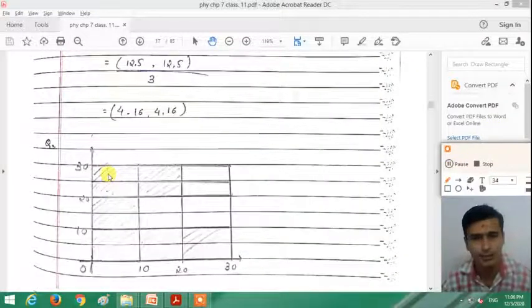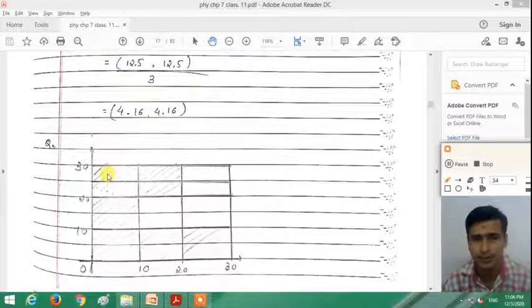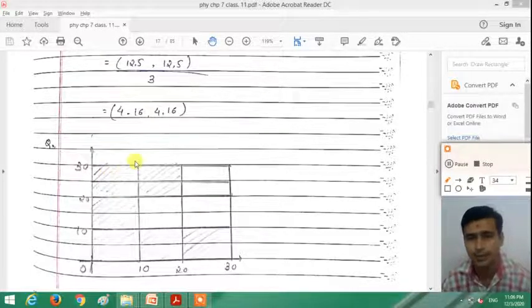So dear student, calculate a similar example by yourself. Calculate the center of mass of a thin lamina sheet having a uniform mass distribution.